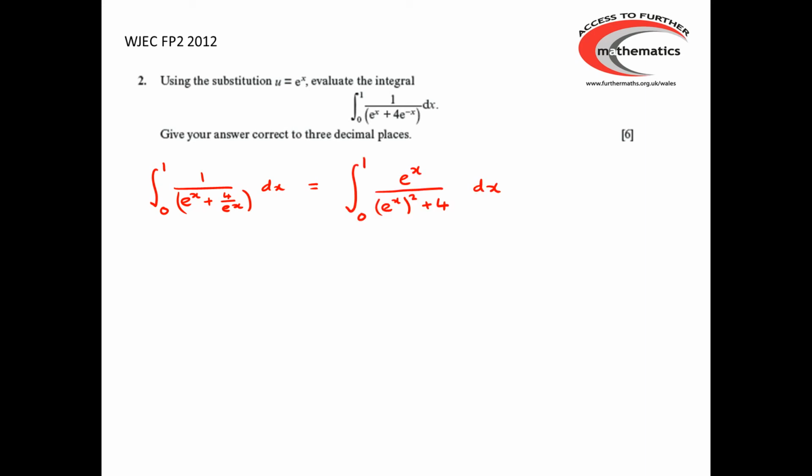So we've got the integral between 0 and 1 of e to the x over e to the x squared add 4. Now it's been suggested that we should use the substitution u equals e to the x. So if u equals e to the x, then du by dx is e to the x. In other words, du is the same thing as e to the x dx.